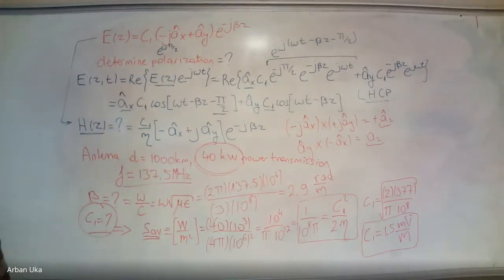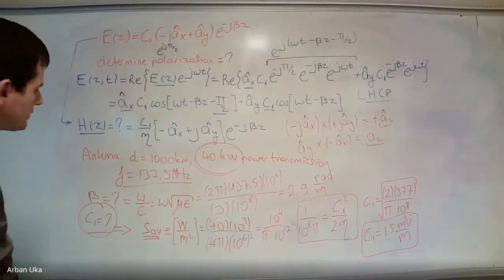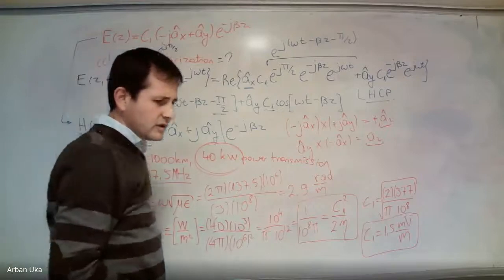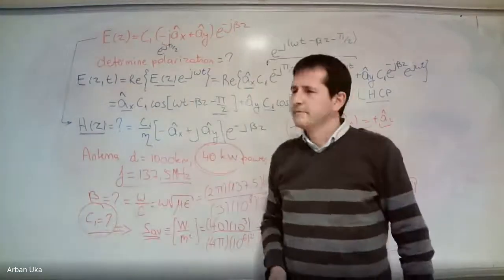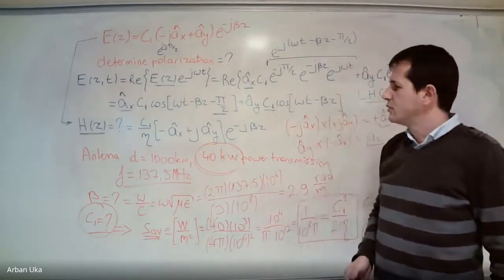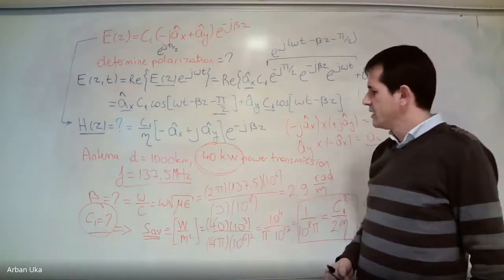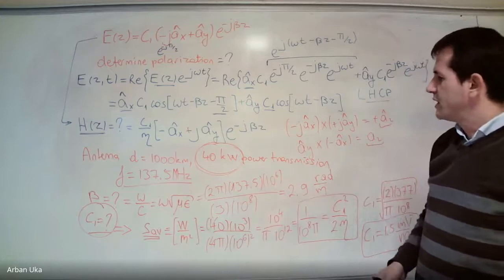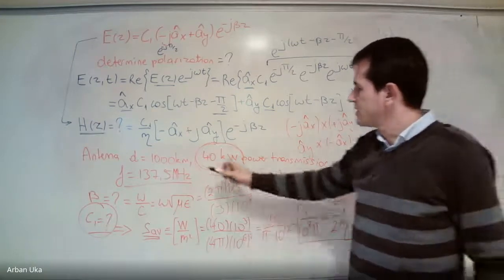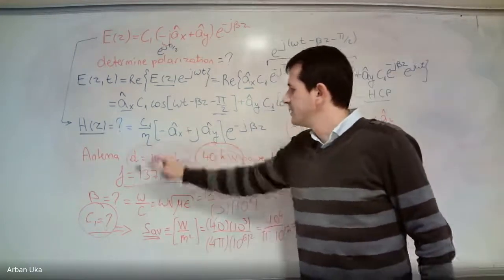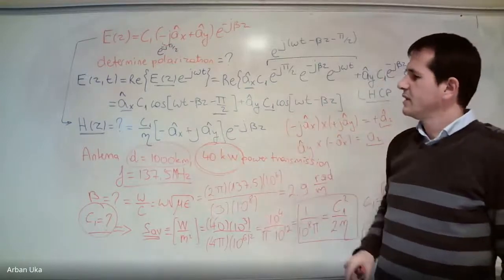1,000 kilometers. What is 1,000 kilometers? We know that the radius of Earth is like 6,000 kilometers. If you drive from here to Spain, it's like 2,000 kilometers. But if you stop somewhere in France, you get 1,000 kilometers. So that's how far it is. If you have an antenna, you send a signal from Albania somewhere in France.